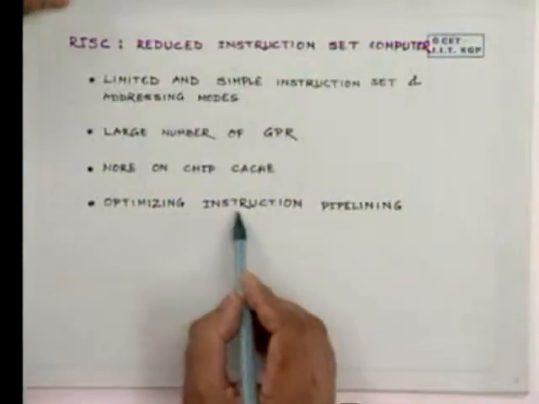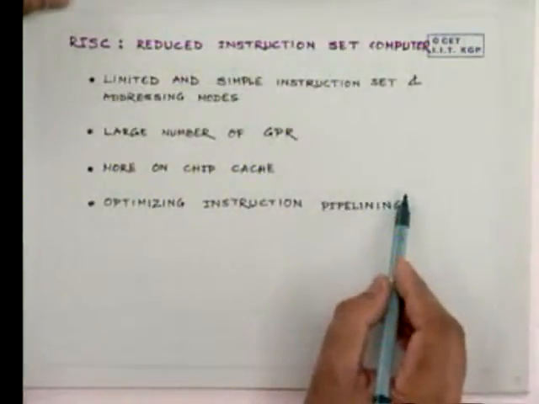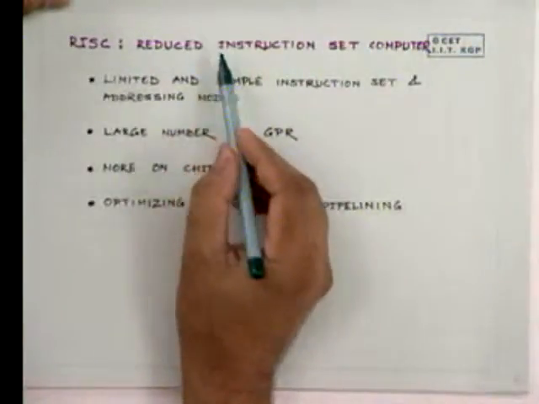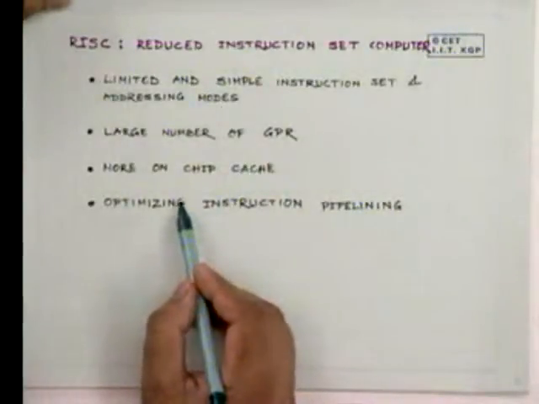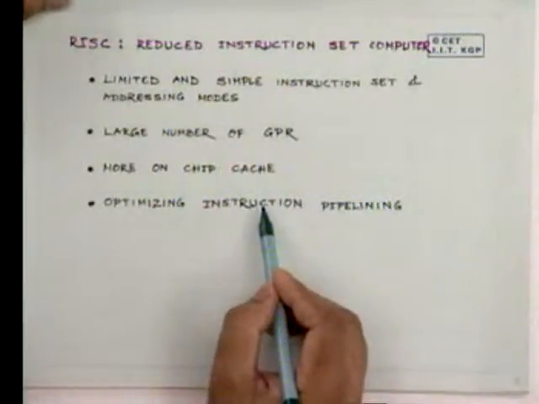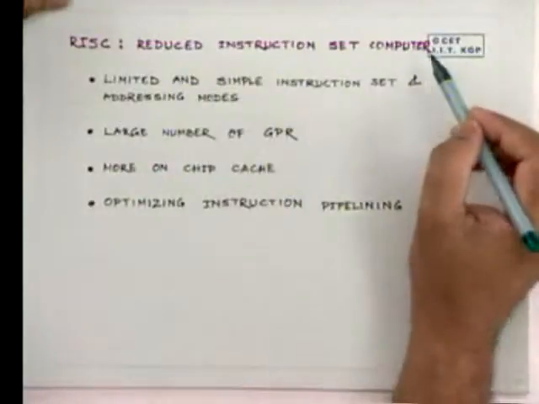That means more than one instruction can be at different phases of execution simultaneously, or concurrently, and this is called pipelining. Optimizing that instruction pipelining is a feature of the reduced instruction set computer, which also increases the speed of execution of a computer.